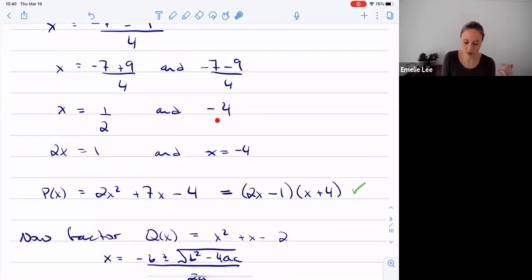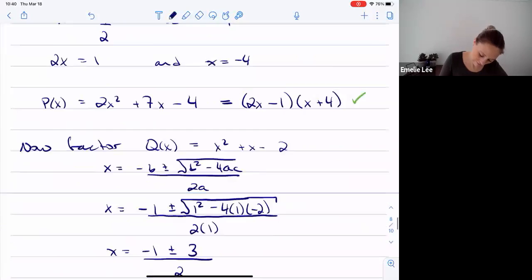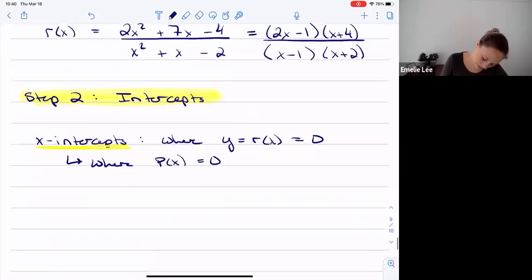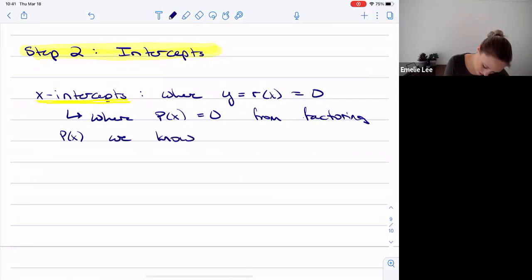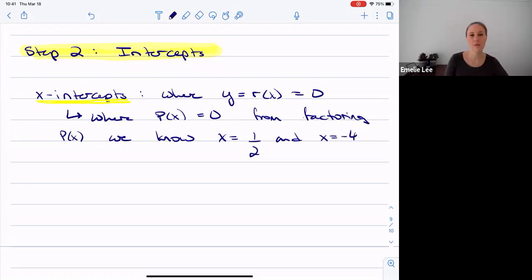Here, x equals 1/2 and x equals negative 4 are the x-intercepts. And from factoring p of x, we know x equals 1/2 and x equals negative 4.